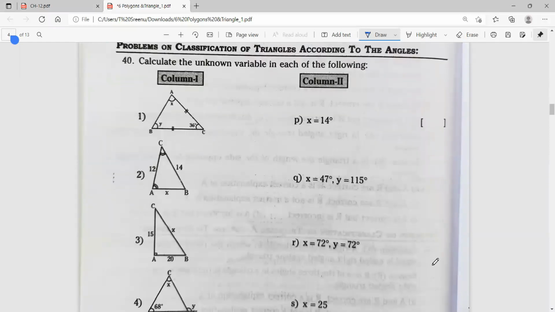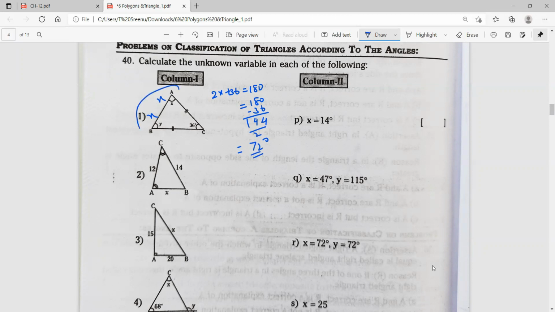Next, 40. So calculate the following, matching. Here x, y, 36. Here it is given like this, in the sense these two are equal. Here they give x, y, but I will take x, x only. Both are the same. 2x plus 36 is equal to 180. 2x is equal to 180 minus 36. How much will you get? 144 upon 2, 72.